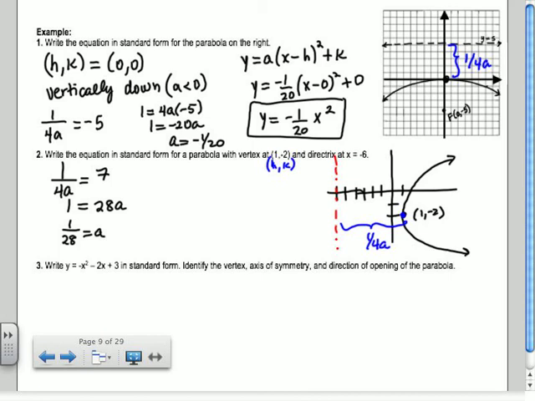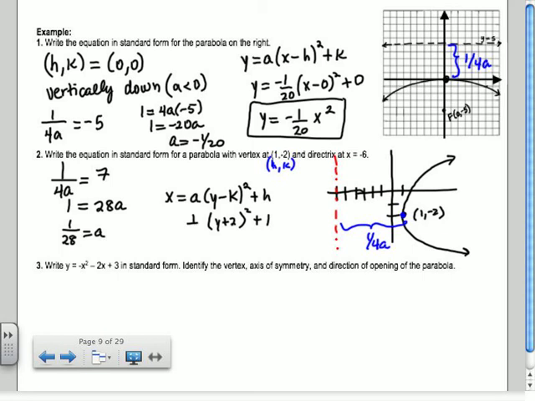A lot of times you will get fractions, so don't be scared if you're getting a fraction. So this means my formula, it's not y equals this time, it's x equals a times y minus k plus h. So h was 1, k was negative 2, so I'm going to have y plus 2 in there.